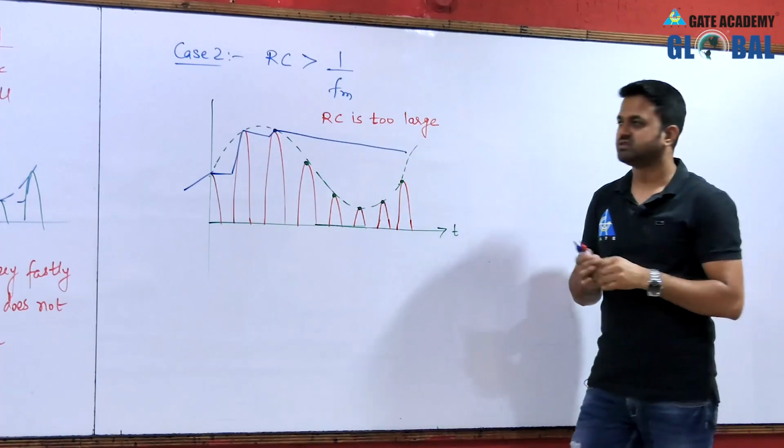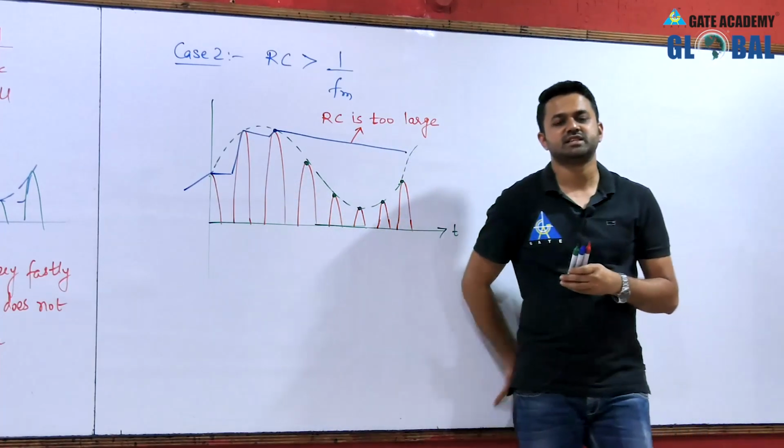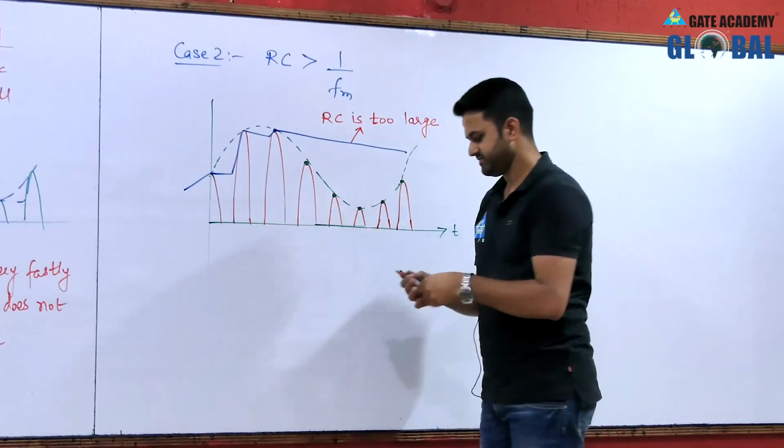When RC is too large, this is the case, the capacitor discharges very slowly.